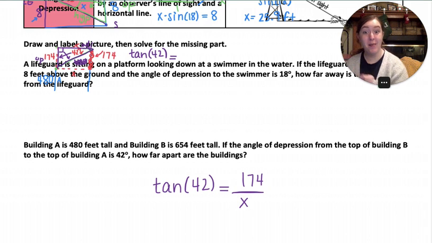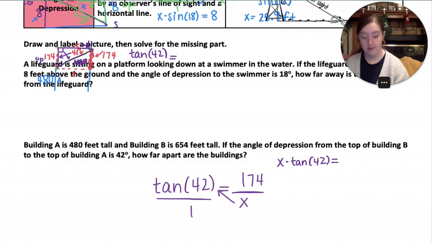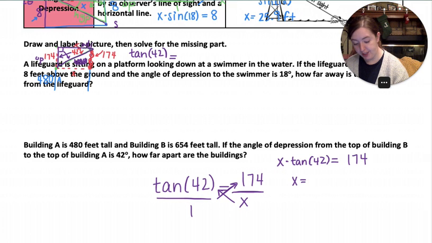Okay, let's just solve this so that way we can move on. All right, so we'll cross multiply: x times the tangent of 42 equals, and then 1 times 174 is 174. To get x by itself, we need to divide by the tangent of 42.